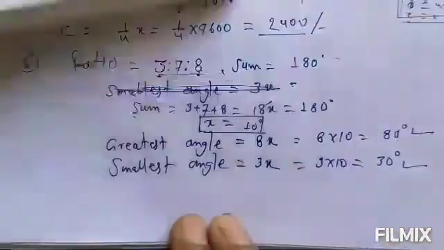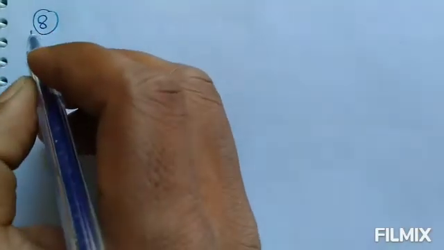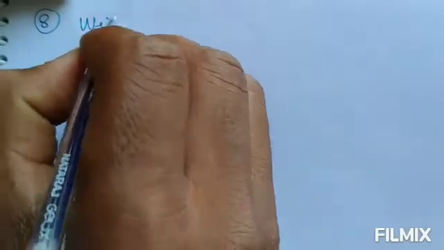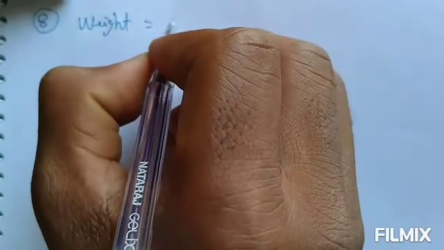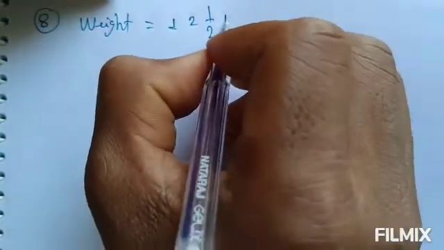So let's start this question. Question number 8. The eighth question is: the total weight of an alloy. The weight is 12 and 1/2 kilograms.